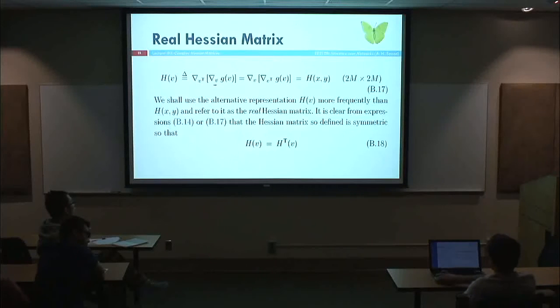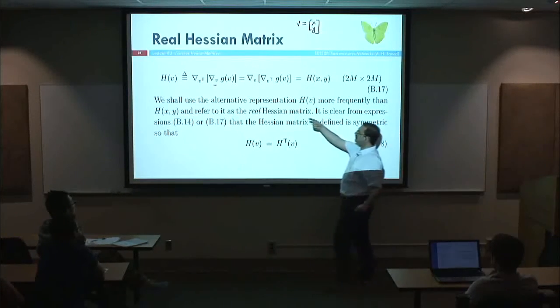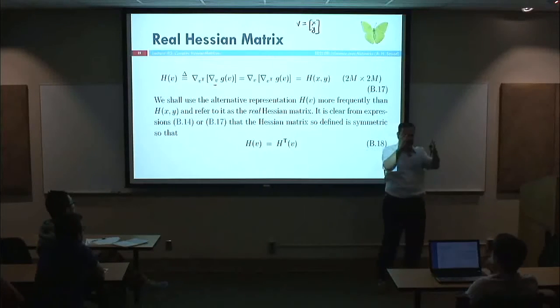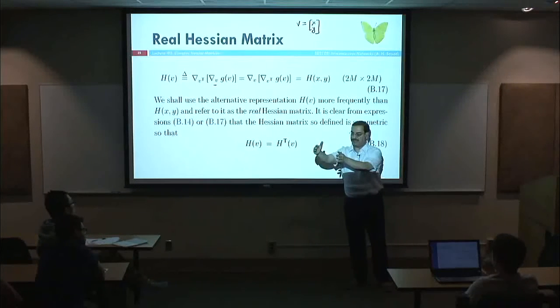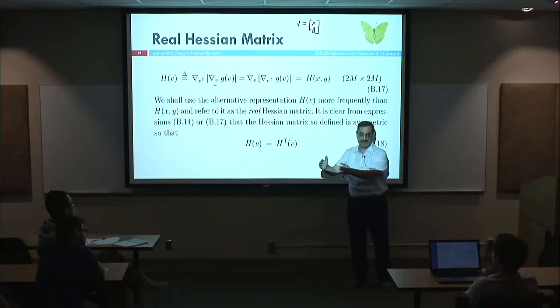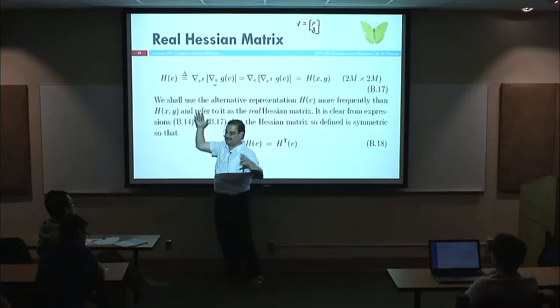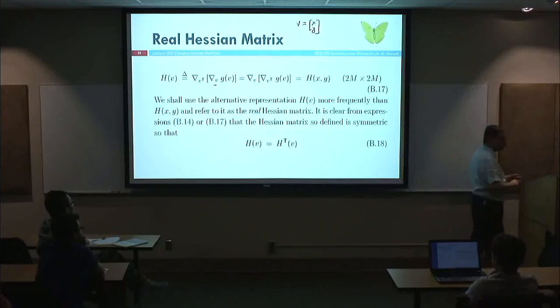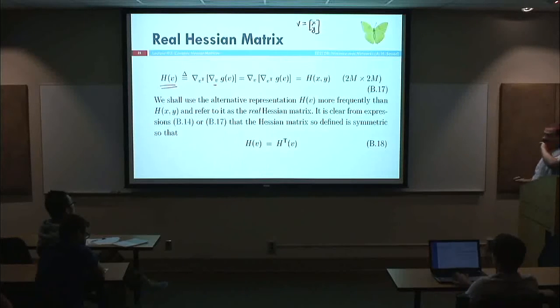Because this v is like this, a column, by definition. So when you compute the gradient relative to v, you're going to get a row. The first part of it will be the gradient relative to the x component that's in v. Then the gradient relative to the y component that's in v. And now you compute the gradient again relative to x and y, then you will get these 4 blocks, right? So this is just another, more convenient way of expressing the Hessian, fine? Are you following?